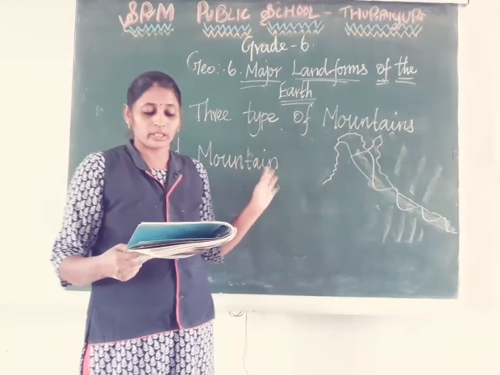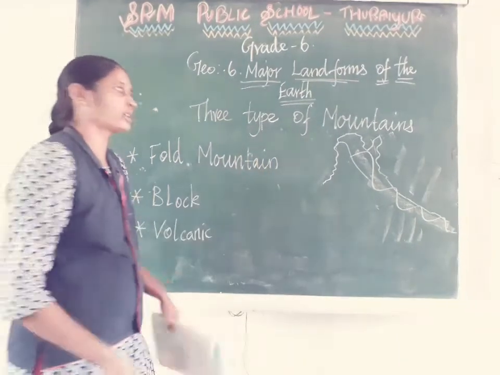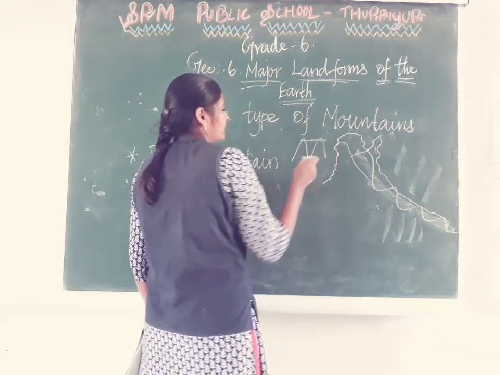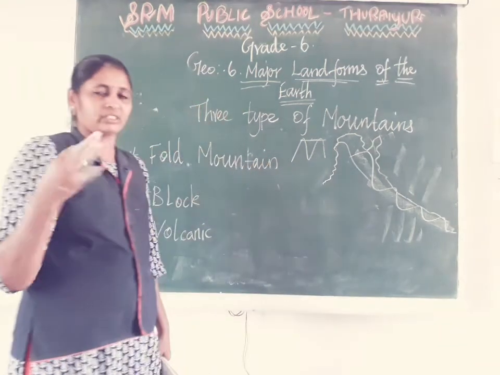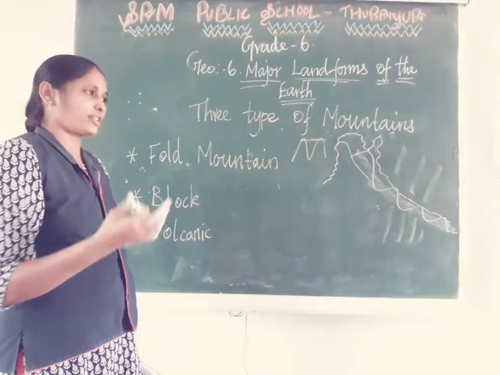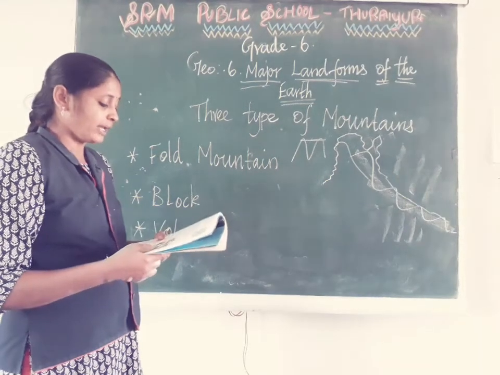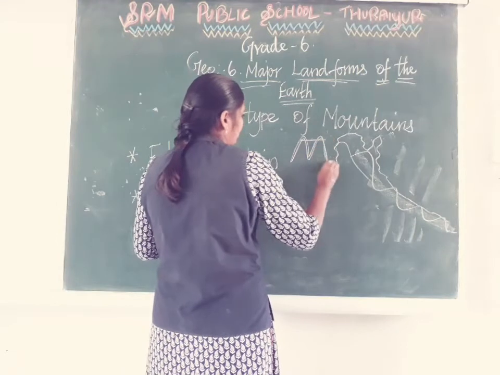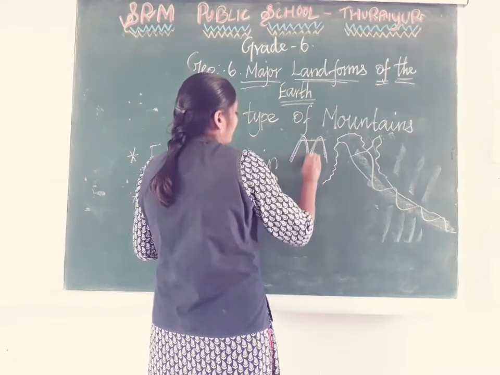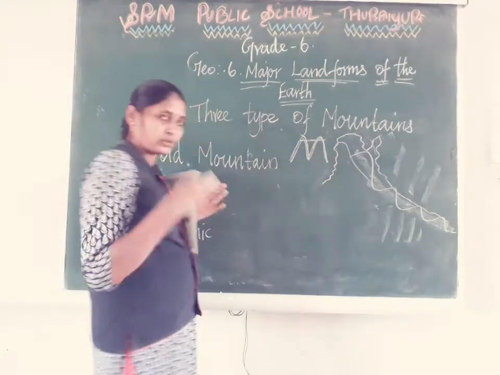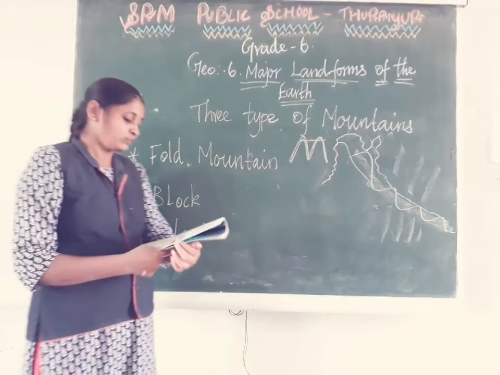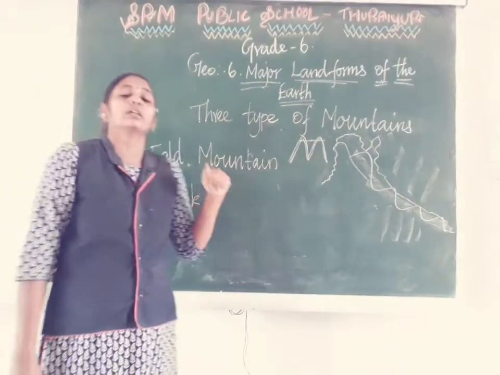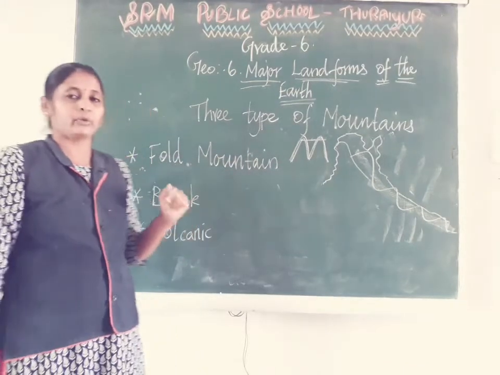Okay, this fold mountain has a rugged relief. Rugged relief means the top, the summit, is very rugged, not even, and there are high conical peaks. Everest and Kanchenjunga are the best examples. The peaks are very conical, cone shaped. Then the Aravalli range, in Rajasthan, is the world's oldest fold mountain range.